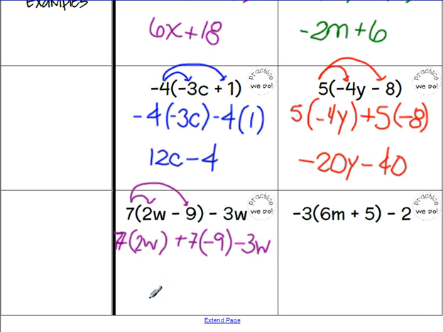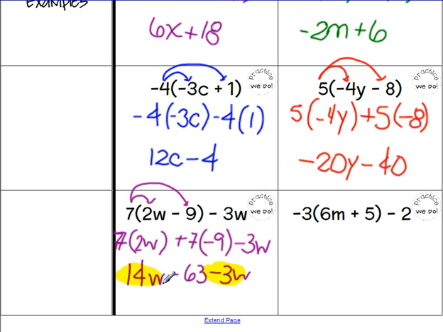So 7 times 2w is 14w. 7 times negative 9 is negative 63. And bringing down our minus 3w. So we should see that we have some like terms. So we have a positive 14w and we have a negative 3w are some like terms that we can combine.